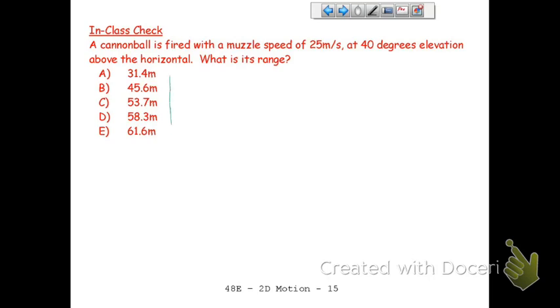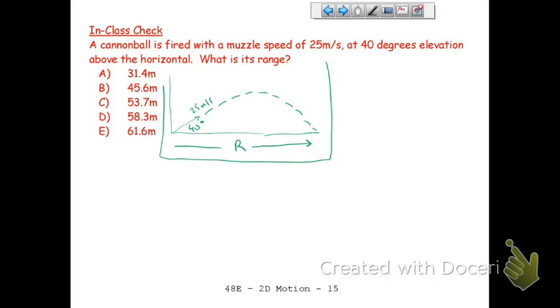Cannonball is fired. 40 degrees. It's not quite 45. 25 meters per second. What's its range? Find using, what am I going to use, vertical or horizontal?